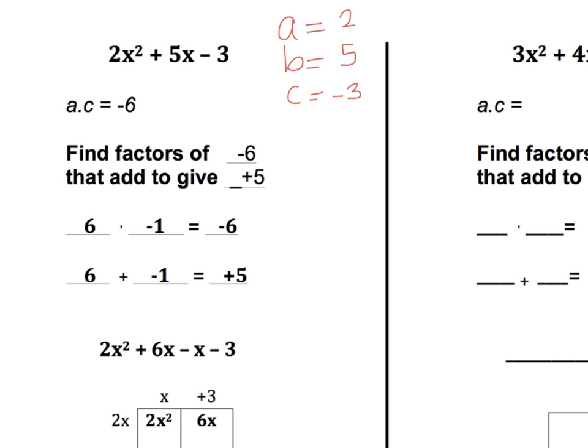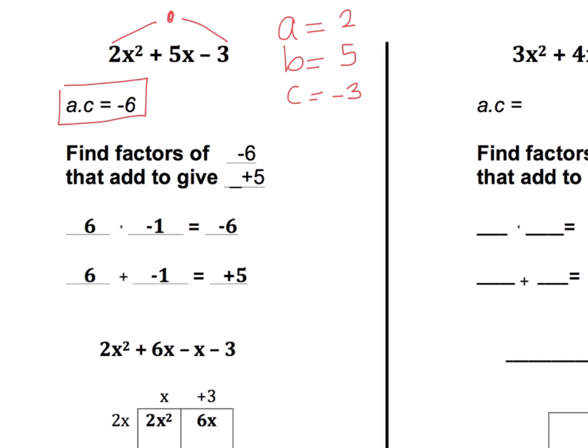So the first thing I need to do is multiply 2 times negative 3 to get what AC is. 2 times negative 3 is negative 6. So I need 2 numbers that would multiply to give me the AC value, which is a negative 6 in this case, and add to give me b, which is a 5 in this case.